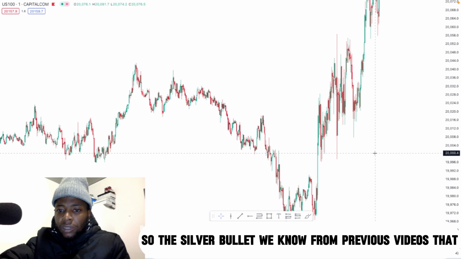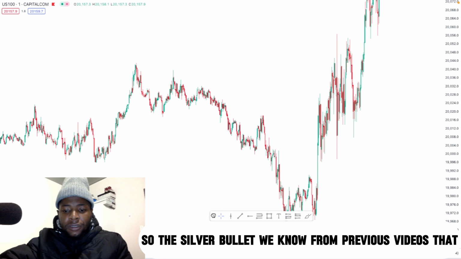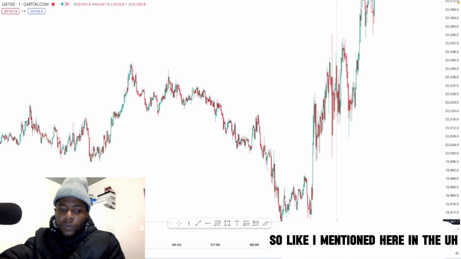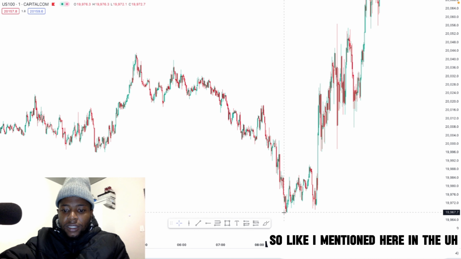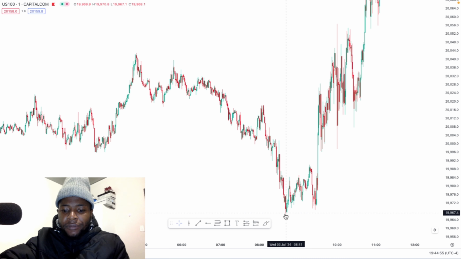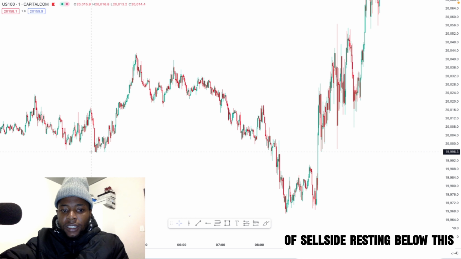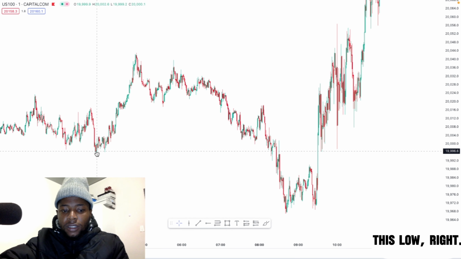So the silver bullet, we know from previous videos that it's from 10 o'clock to 11 o'clock, right? So like I mentioned, here in the New York session open, we were trading below this area of sell side, resting below this low, right?